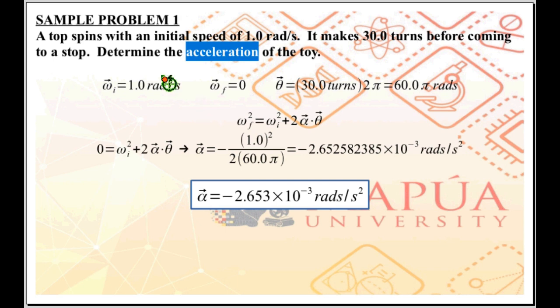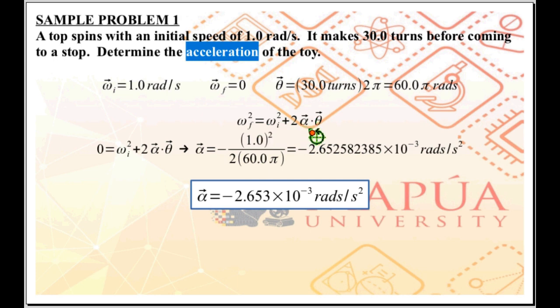This is uniform angular acceleration. And for uniform angular acceleration, you have 4 equations to choose from. One of those equations is omega final squared is equal to omega initial squared plus 2 alpha theta.